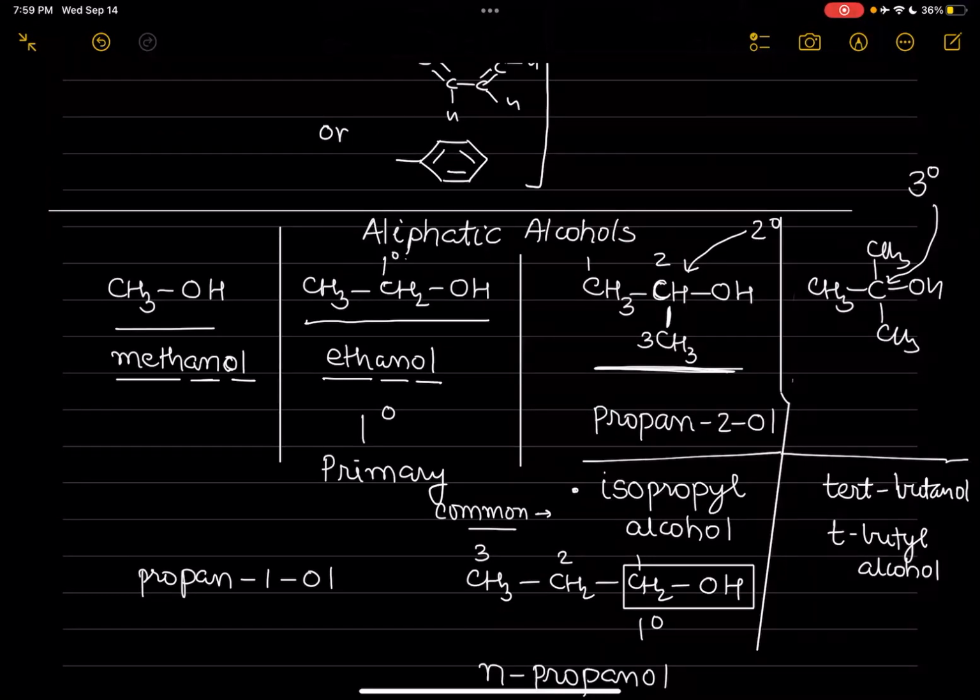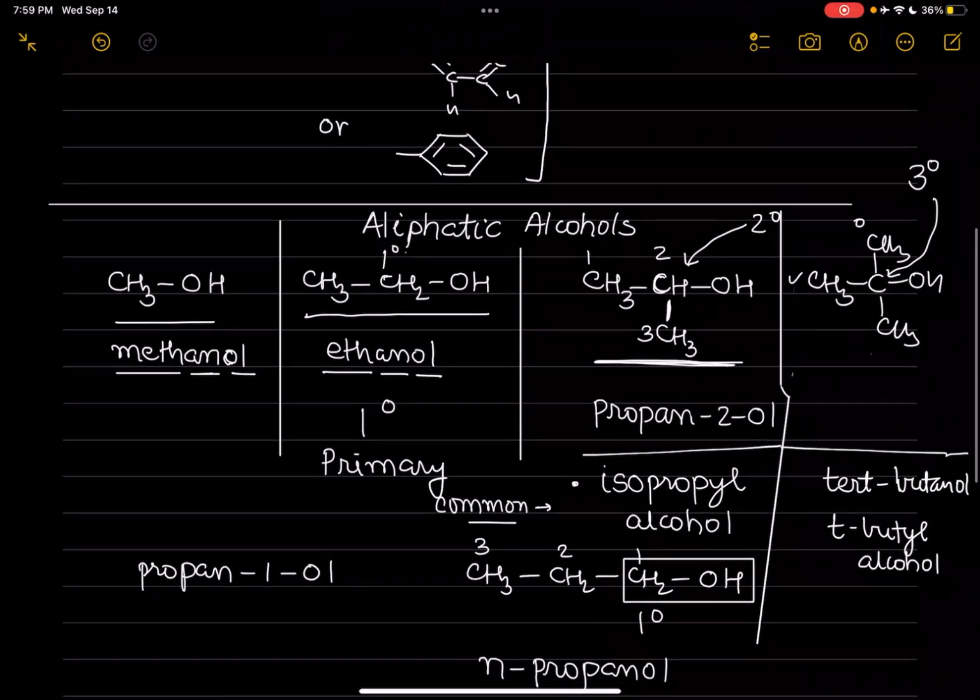You need to select the longest carbon chain. So you can move from this side to this side or this side to this side. It is 3 carbon atoms, continuous. Okay. Sahil, we have seen one example like this in yesterday's class. So what's going to be the parent chain, the name of the main chain?